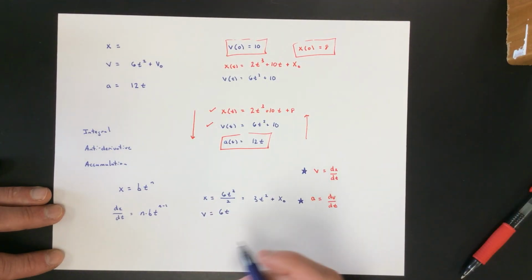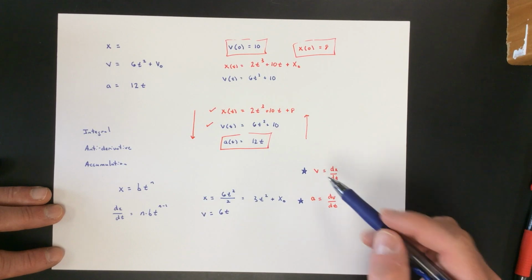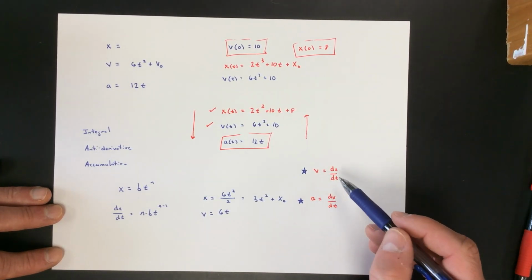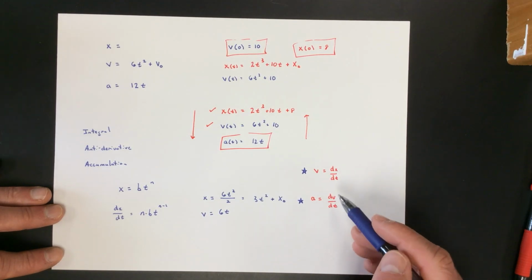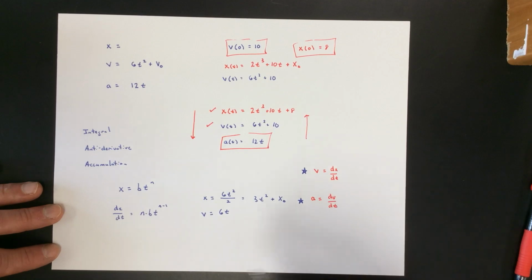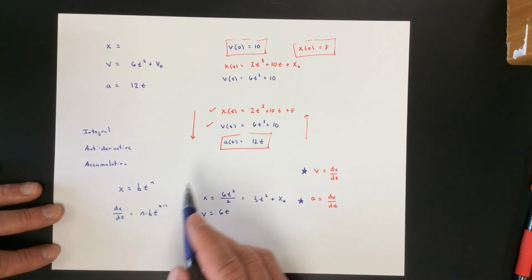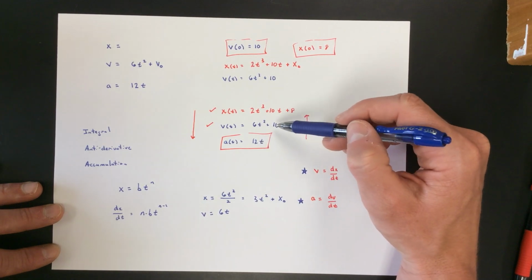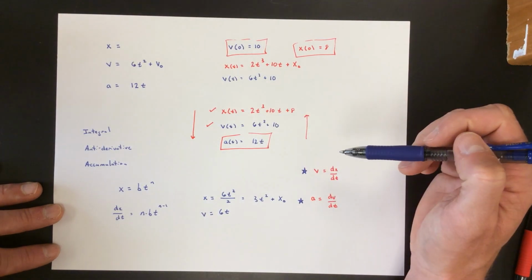Now, again, they happen to be vectors, and there's all sorts of other things that go with velocity and acceleration, but this is and always will be velocity. Velocity is the rate at which you're changing your position, and acceleration is the rate at which you're changing your velocity. We find those by taking derivatives, but the reverse is true. If I knew an acceleration, I could do an antiderivative to find velocity and an antiderivative to find position.